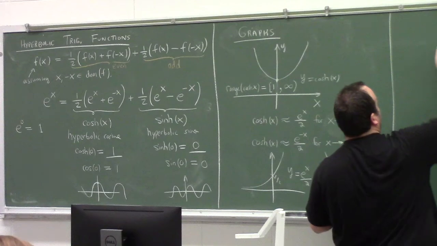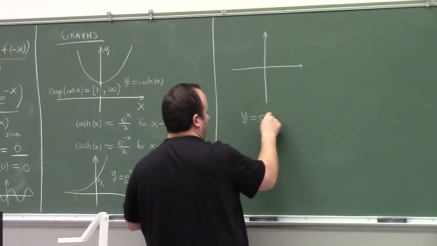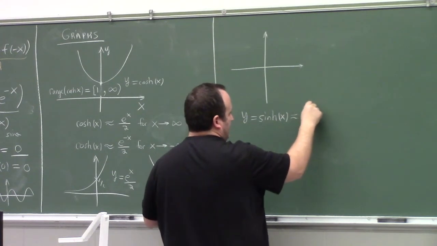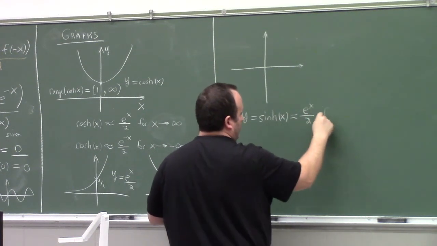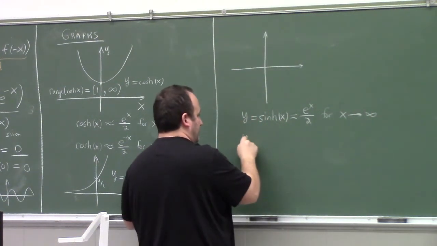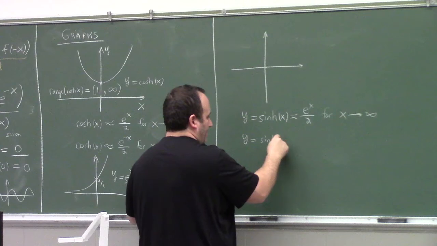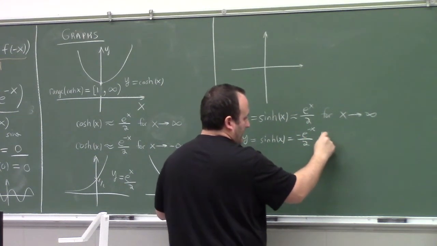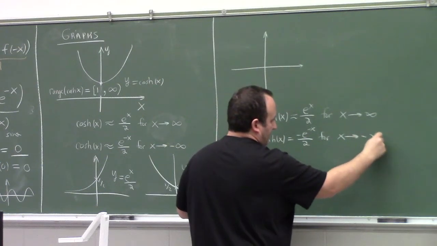Sinh, y equals sinh x. It's approximately e to the x over 2 for x going to infinity, and it's minus e to the minus x over 2 for x going to minus infinity.